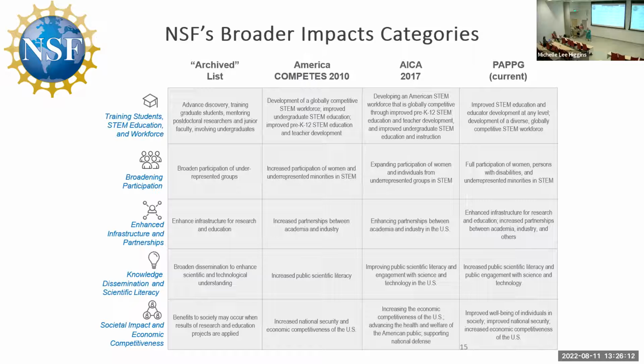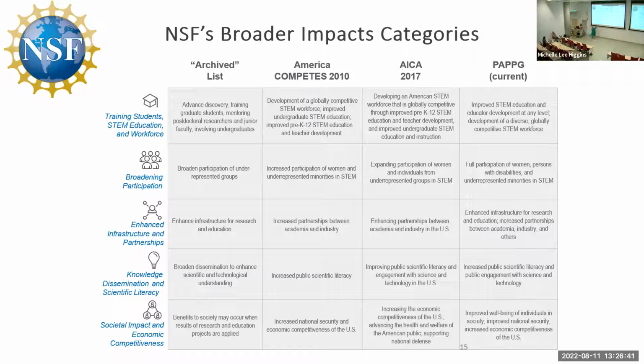But it turns out people still had a hard time defining broader impact, understanding what it is. So Congress and some of the committees started putting in place NSF policies around programs that encourage the full participation of women, minorities. And they ended up with this archived list, these 5 bigger categories.